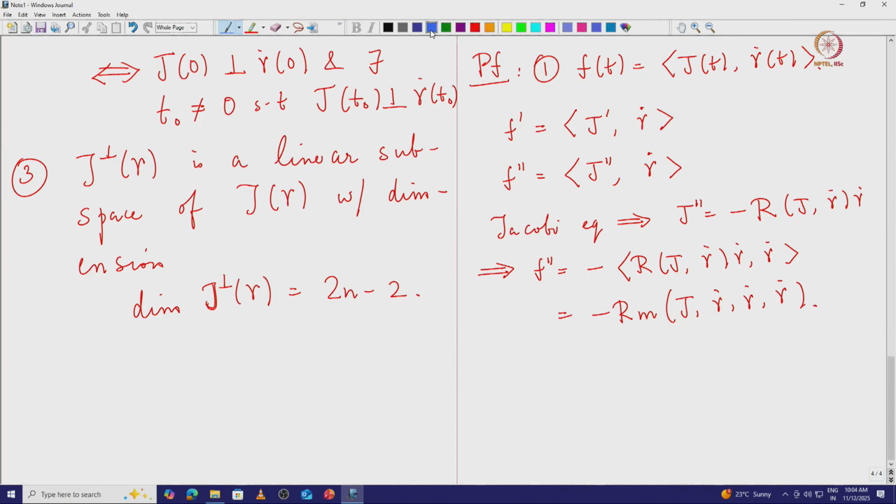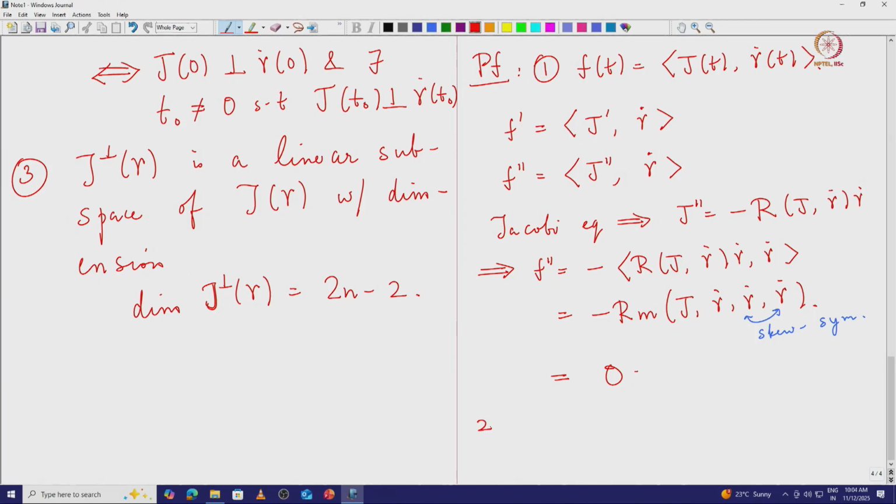But now in the final 2 entries this is skew symmetric, so if the entries are the same, this has to be 0. So f double prime is 0, and that means f has to be an affine linear function.